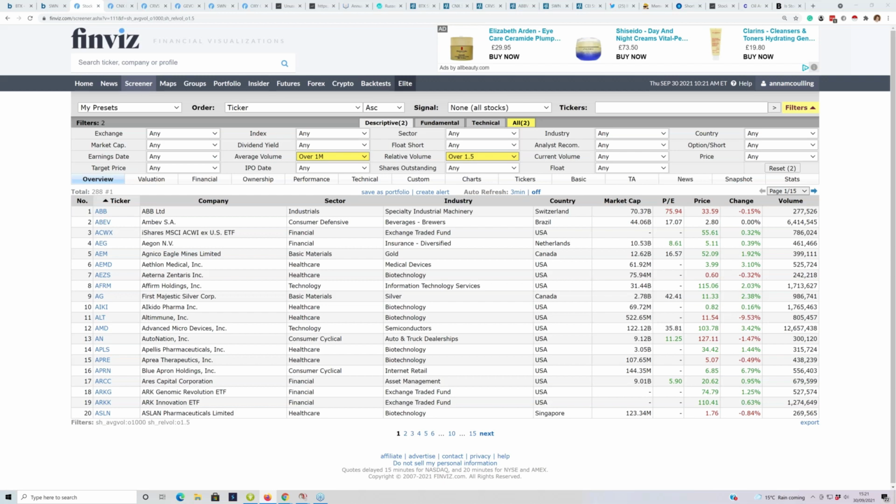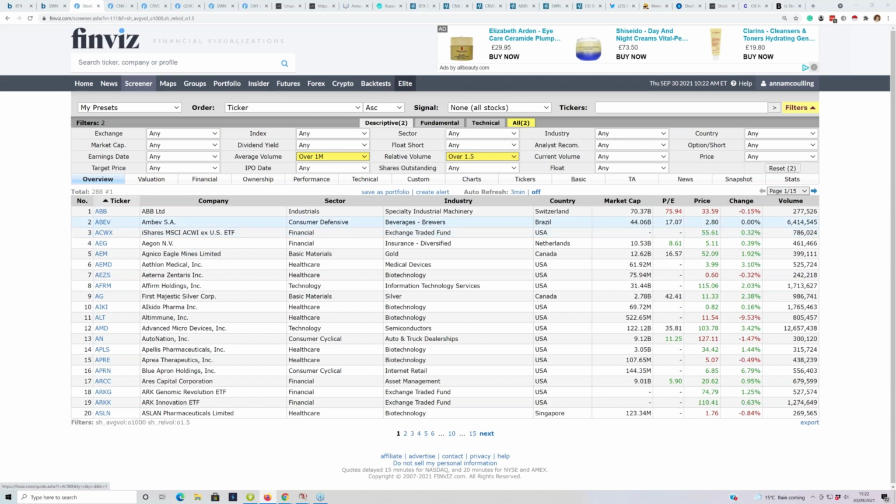So the filter system not only helps you find potential candidates that you might consider to trade, but also gives you a quick look. The filters I've put in for the stocks to look for on FinViz are very, very simple.